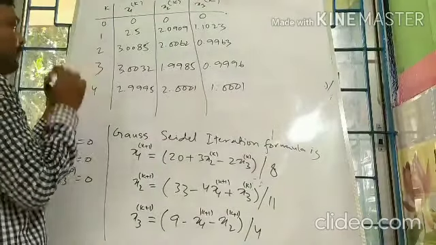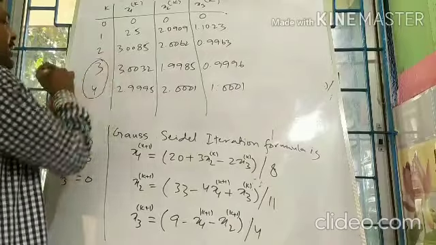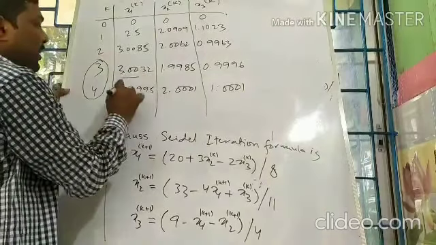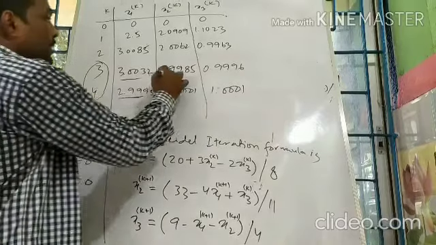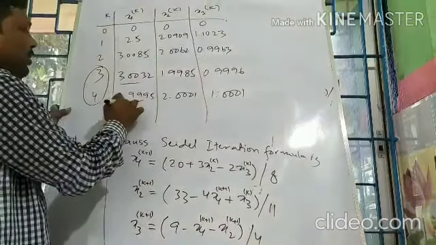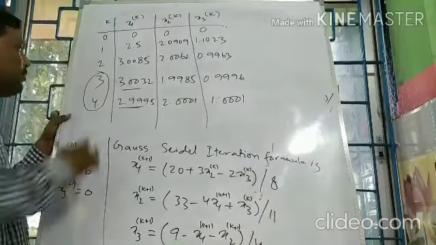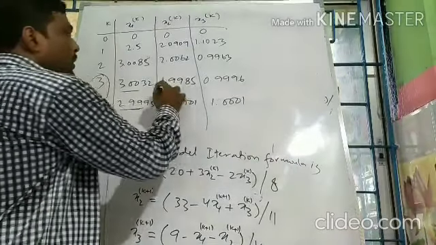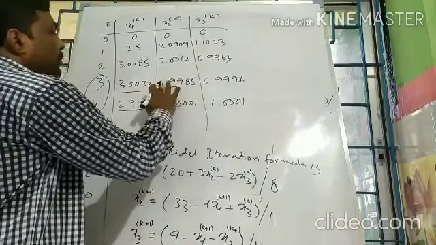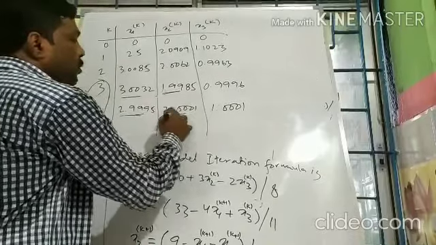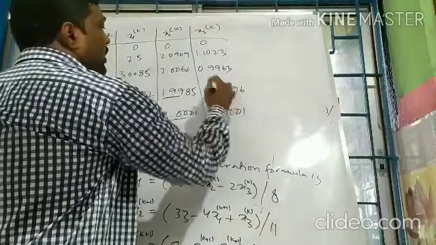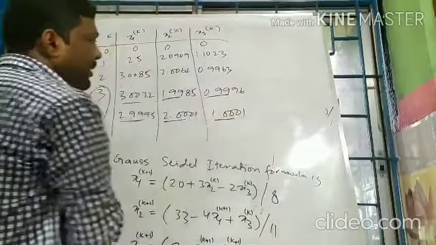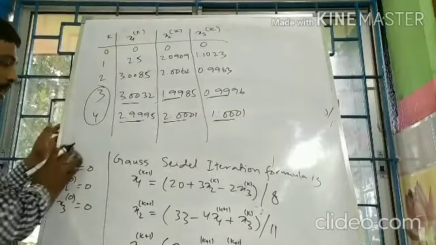Now see, for iteration number 3 and 4, x1 is 3.00, 3.00, correct up to 3 significant figures. This is 2.00, here also 2.00, correct up to 3 significant figures. 1.00, here also 1.00, correct up to 3 significant figures.